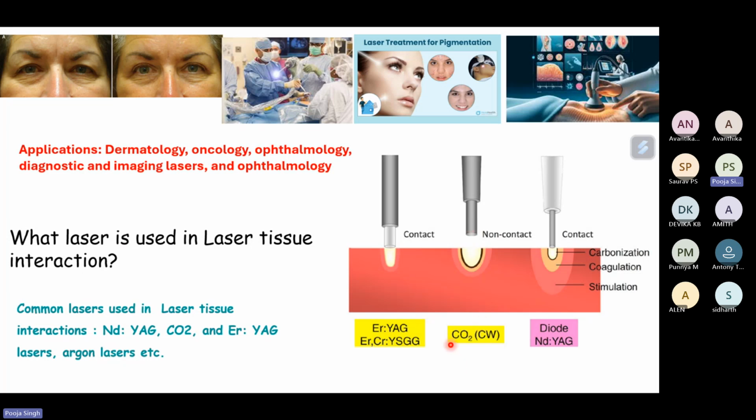Maybe because it has higher intensity as compared to the erbium YAG laser. And the diode and neodymium YAG laser work with contact also, and they cause different procedures. So the CO2 laser is a non-contact procedure, while the erbium YAG and diode neodymium YAG lasers are contact procedures.